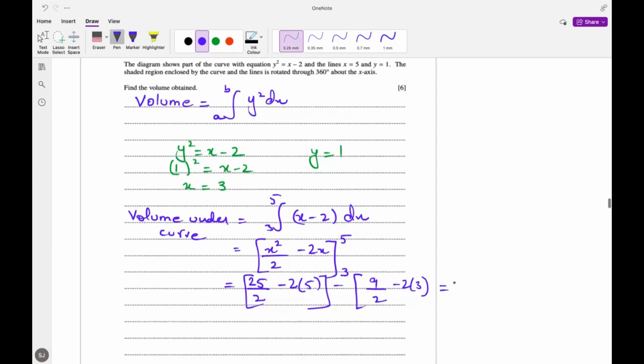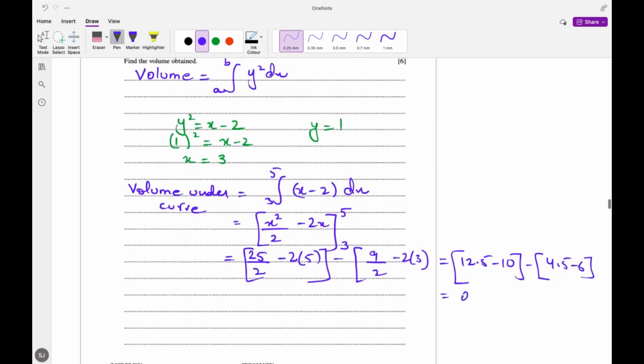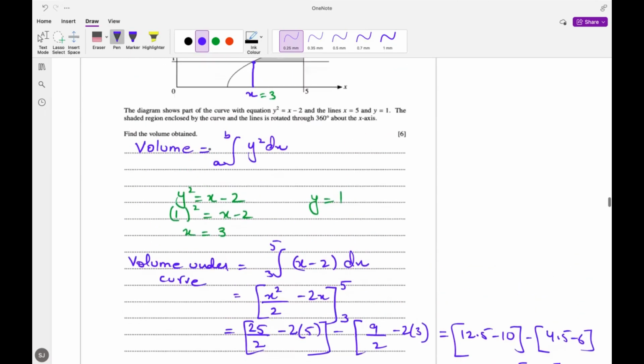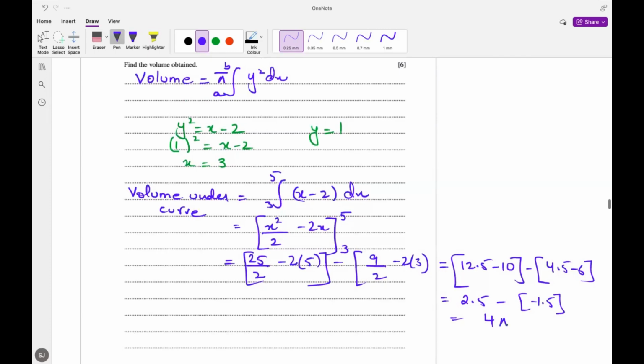We can simplify this to write it as 25 upon 2, which is 12.5, minus 10, minus 9 upon 2 which is 4.5, minus 6. 12.5 minus 10 is 2.5, minus 4.5 minus 6 is minus 1.5. So this will become 2.5 plus 1.5, which is 4. And we also add a pi to the final answer. So this will become 4 pi.